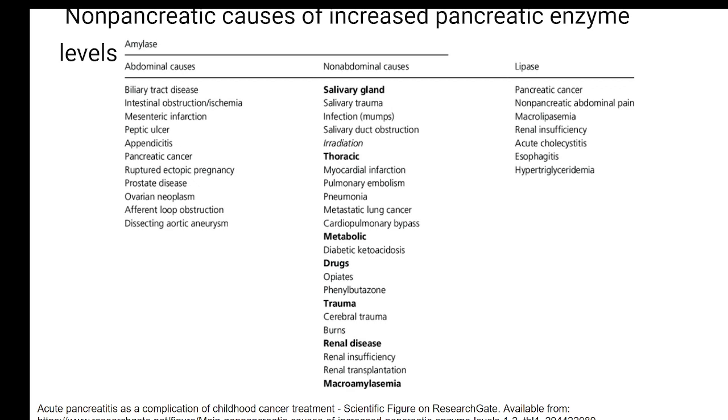Earlier, in the 80s, we considered lipase and amylase levels as the diagnostic entities.